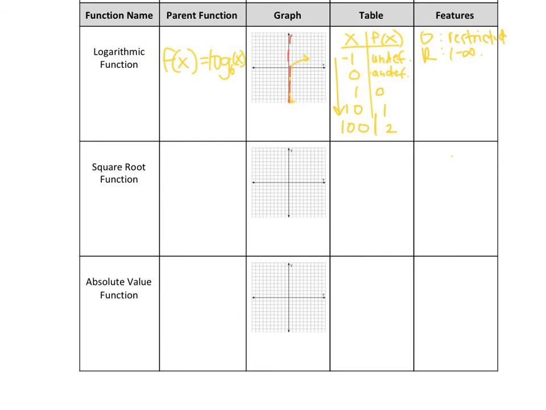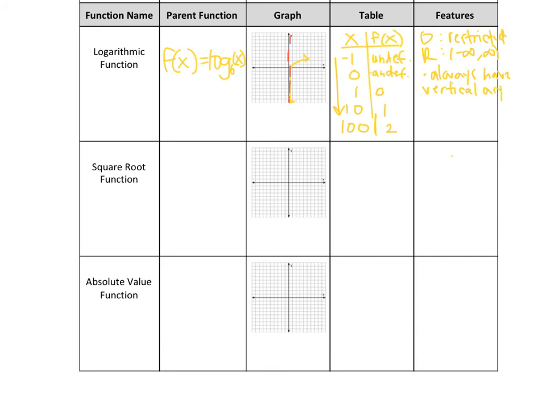I also want you to remember exponential and logarithmic functions are inverses. That means that the x's and the y's switch, so that's why the domains and the ranges switch in the way that they do. Like I said earlier, they always have a vertical asymptote.